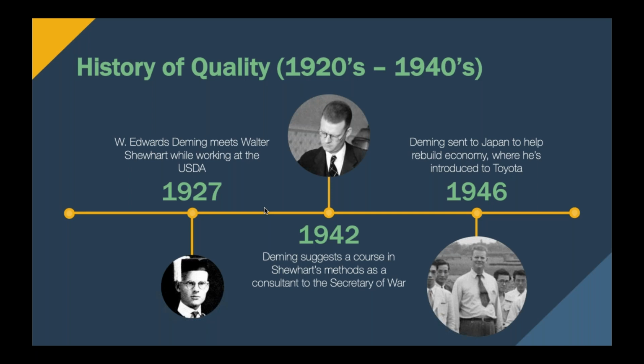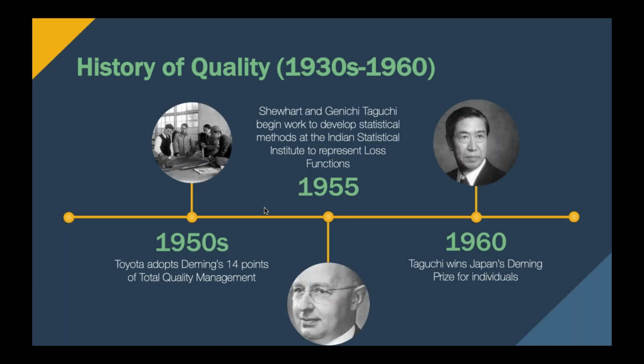After World War II, there's a famous story where Deming was sent to talk to Ford and Chrysler and GM and tell them they can use process improvement to improve their cars. And they left him out of the room, and then he went and talked to Toyota, who then proceeded to eat up those points. And so Toyota adopted Deming's 14 points of total quality management and just launched from there.